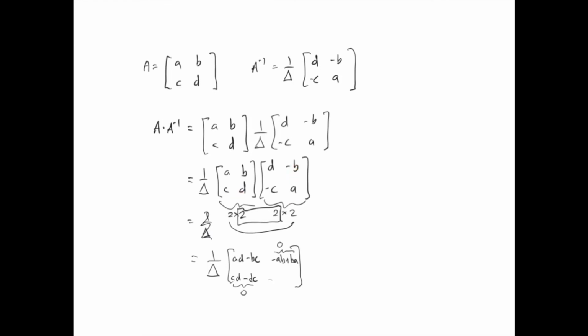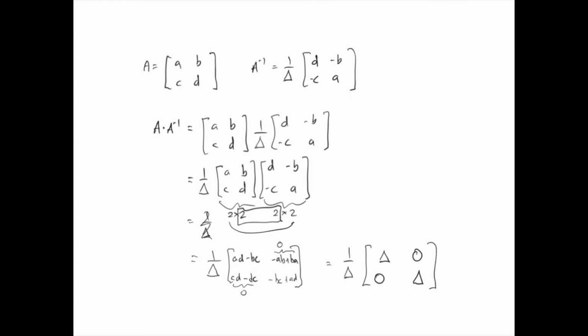So that's negative BC plus AD. Okay, and let's simplify these terms. So AD minus BC is the determinant, delta. This is a 0, this is a 0, and here we have AD minus BC, which is the determinant.